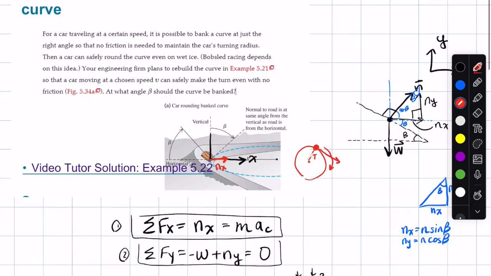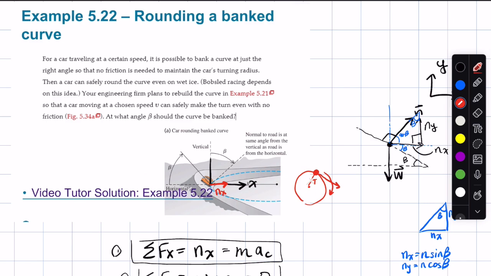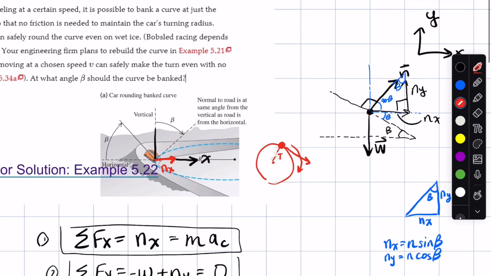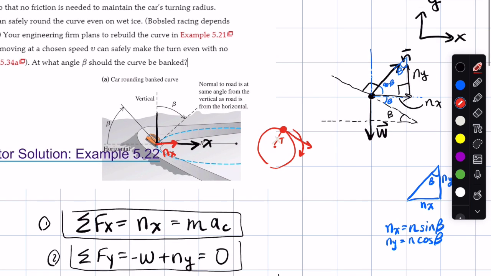Okay, so that's example 5.22. And the other thing I want to bring your attention to in this example is our x and y. We didn't place the coordinate system along the incline this time.